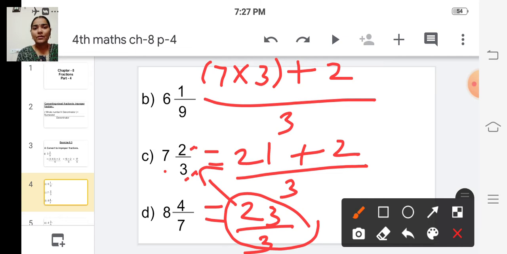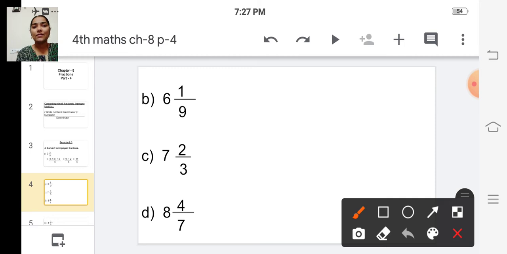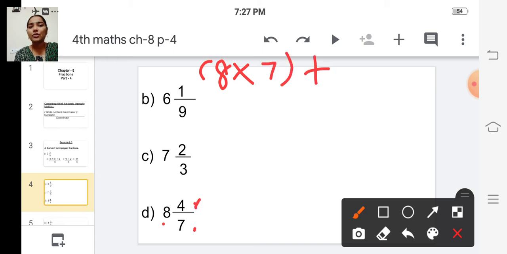So this is the improper fraction for 7 2 by 3. Okay. So for the next one, 8 4 by 7. Use the formula whole number. Whole number is 8. Whole number into denominator. Denominator is 7 plus numerator. Numerator is 4 divided by denominator.